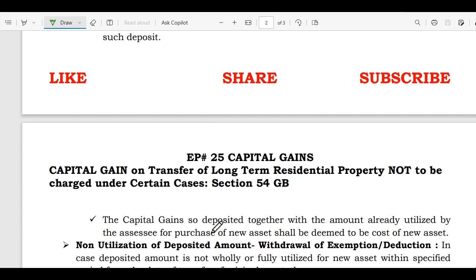The capital gains so deposited, together with the amount already utilized by the SSE for the purchase of new assets, shall be deemed to be the cost of new assets.